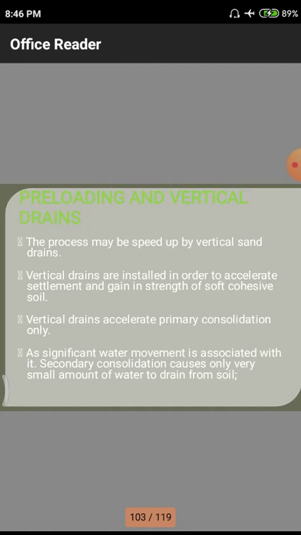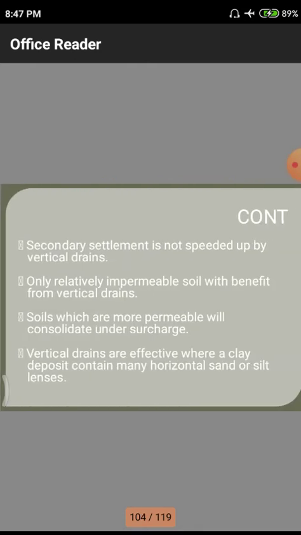Primary consolidation means that by using sand drains we remove as much water as possible from the soil. There will be a lesser quantity of water after primary consolidation. That lesser quantity will be removed during secondary consolidation in a small amount, not fully. We remove up to 40% or 50% in the secondary state also.